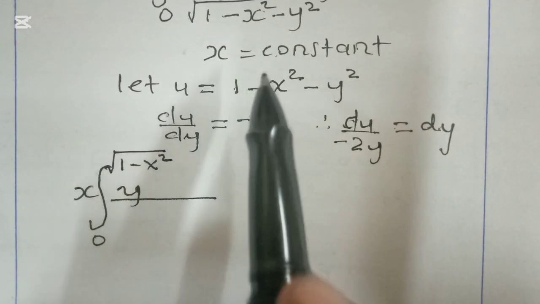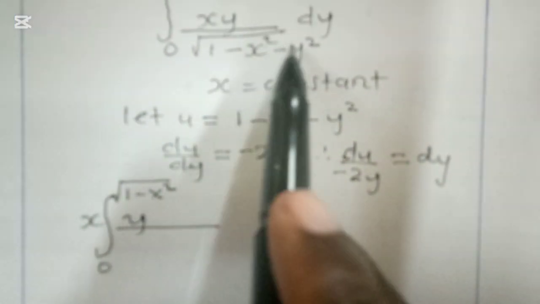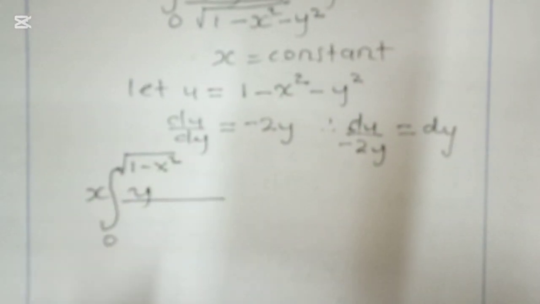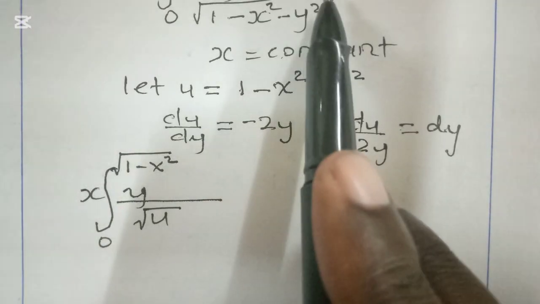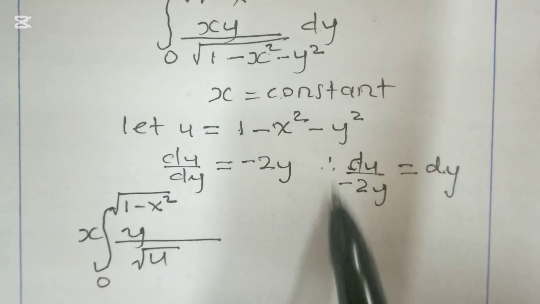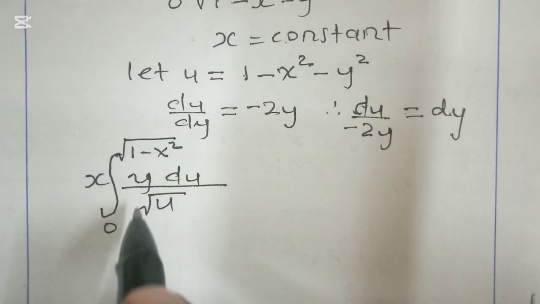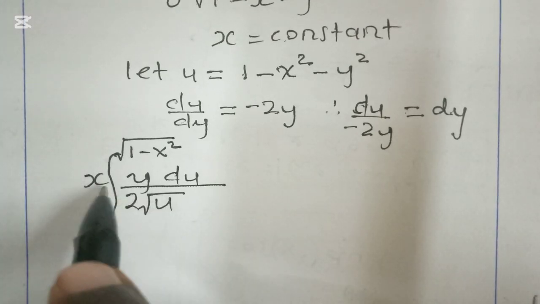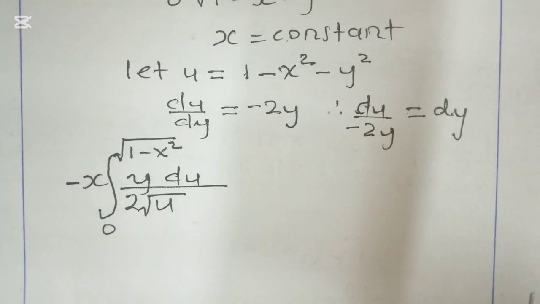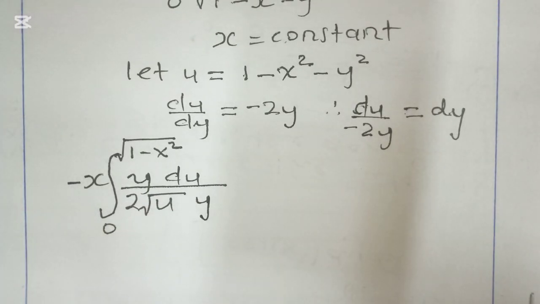And then we can replace our square root there with u, that is square root of u, and our dy we replace with du over 2, and here we have a minus, and this is 2y, like that, and so y can cancel like that.